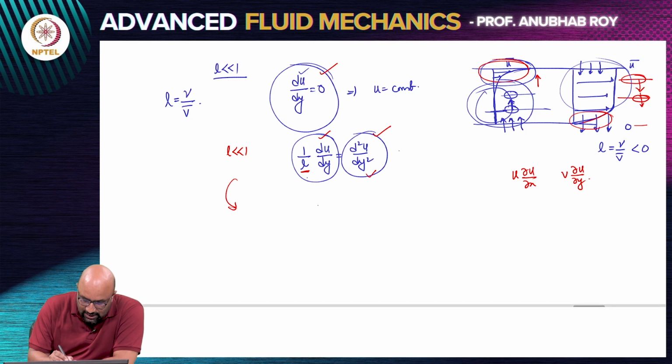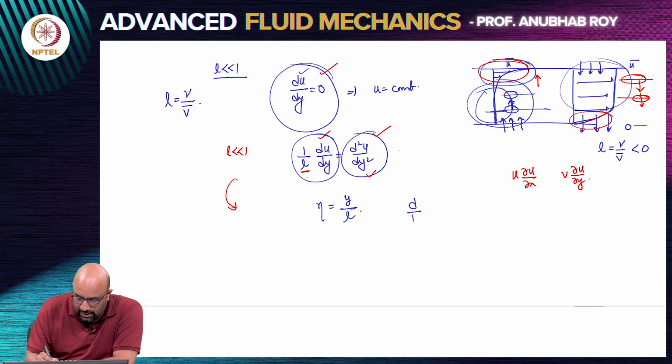If you now see this, I can define a new coordinate system, eta, which is y divided by L. In this new coordinate system, d dy is going to be 1 by L d d eta.